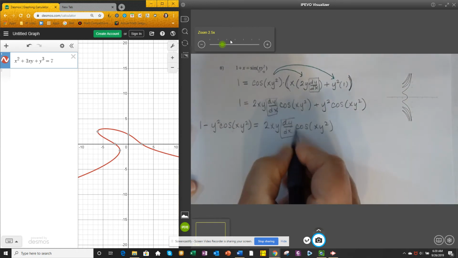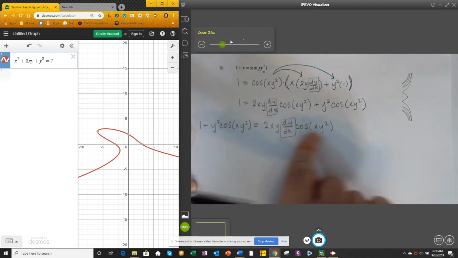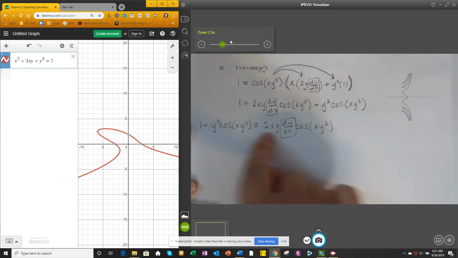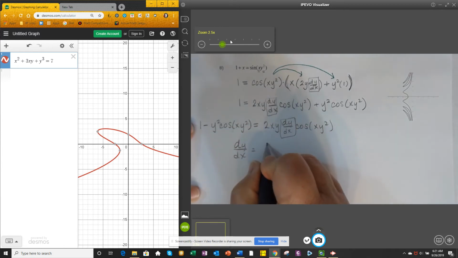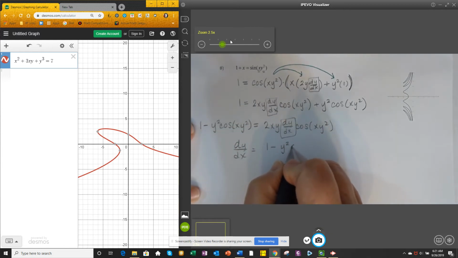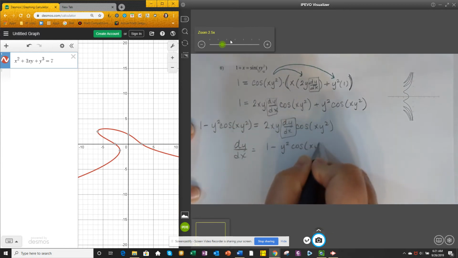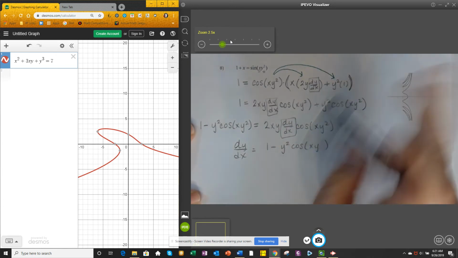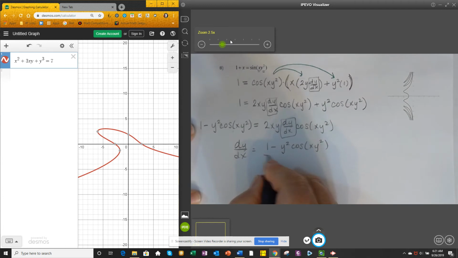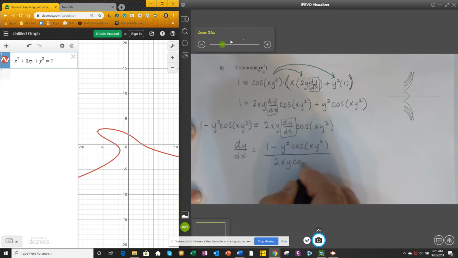Okay, and I'm going to solve for this by dividing by every other piece of this term here. So dy/dx is going to equal 1 minus y squared cosine of xy squared, over 2xy cosine of xy squared.